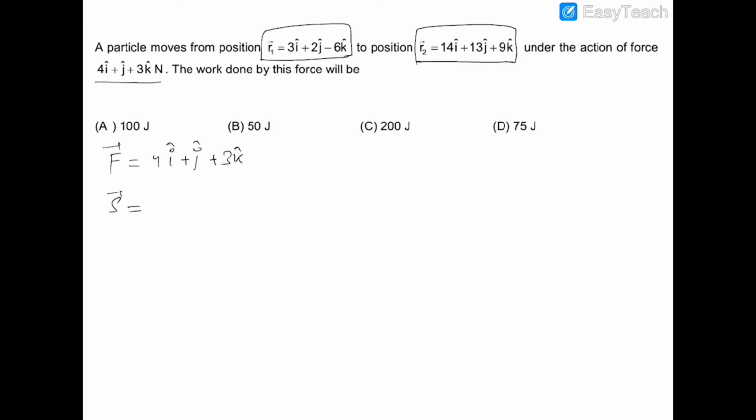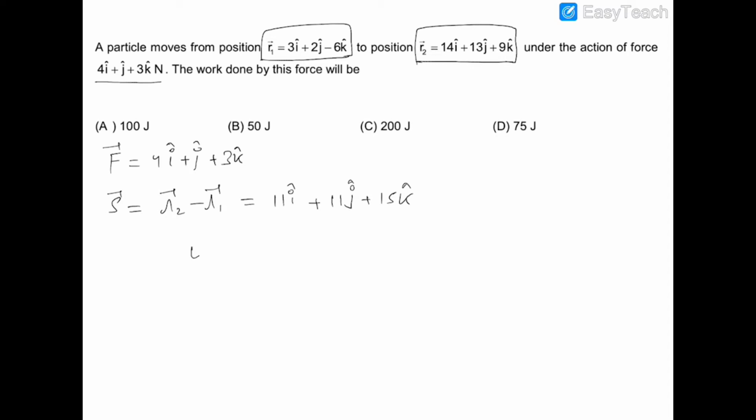r1 is the initial position vector and r2 is the final position vector. So the displacement will be the final position vector minus the initial position vector. So it would be r2 minus r1. So 14 minus 3 will be 11 i cap, plus 13 minus 2 will be 11 j cap, and 9 minus of minus 6 will be plus 15 k cap.